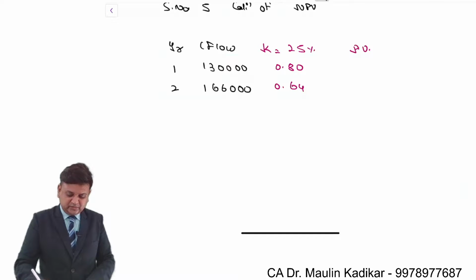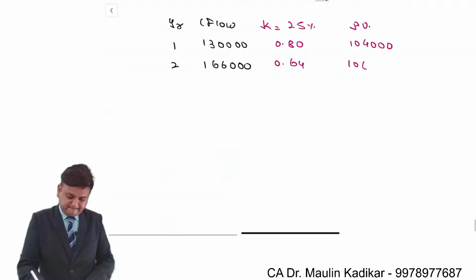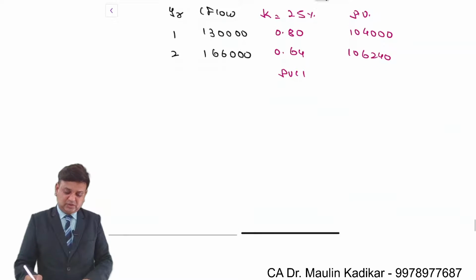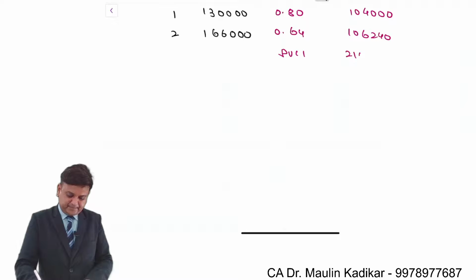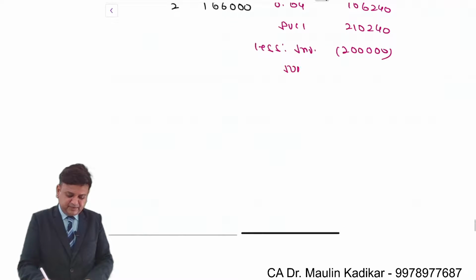Present value is 104, then 166 into 0.64 is 106,240. Present value of the cash inflow is 2,10,240. Less investment 2 lakhs. That is the way the NPV is found: 10,240.